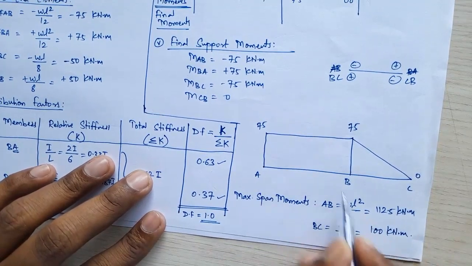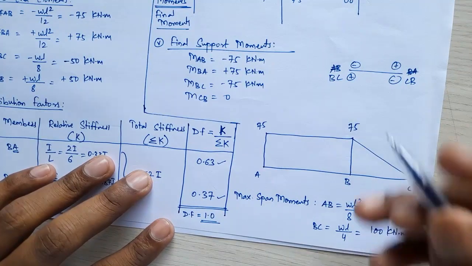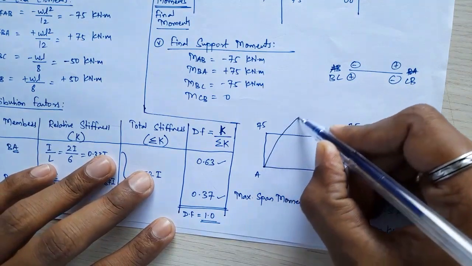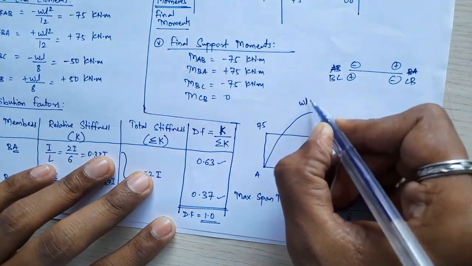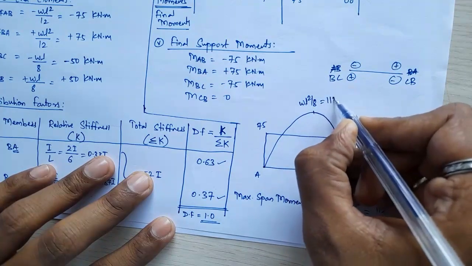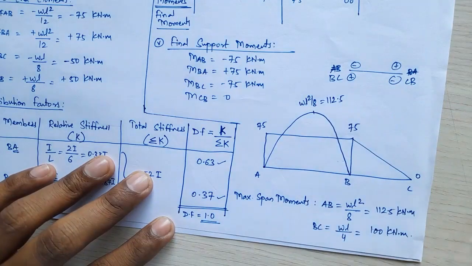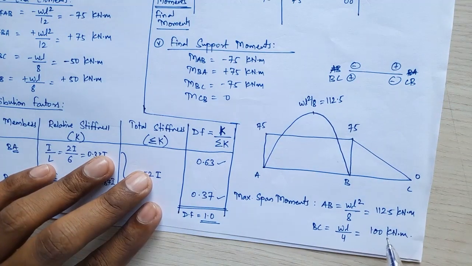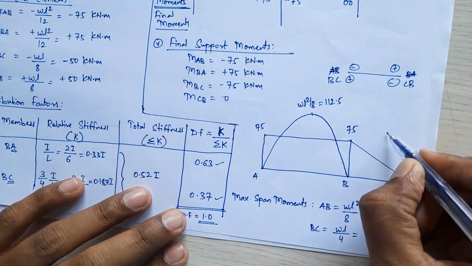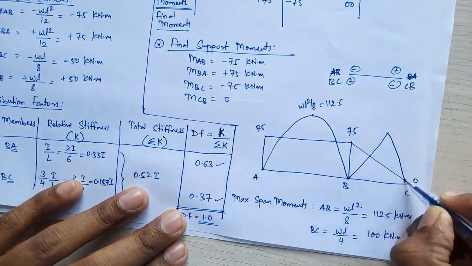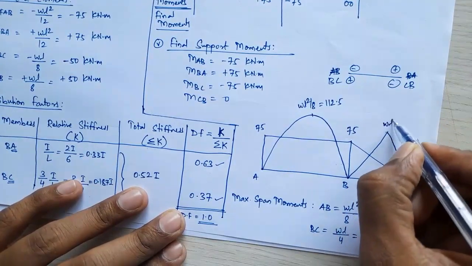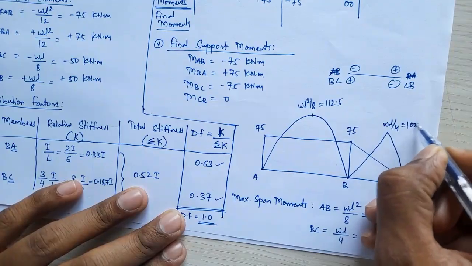Okay, in span AB you are having UDL, so it will follow a parabolic path of WL square by 8 is equal to 112.5 kilonewton meter, and in span BC you are having a point load, so it will follow a triangular path of maximum moment at the center, that is WL by 4 is equal to 100.